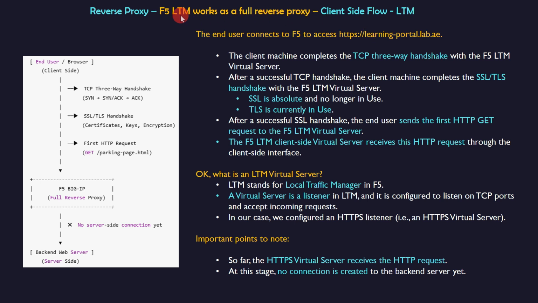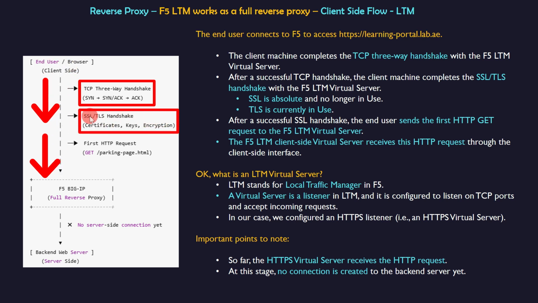Let us deep dive into the client side connection flow. The end user connects to F5 to access the learning portal. When the end user connects, the client machine completes the TCP three-way handshake with the F5 LTM virtual server. After a successful TCP handshake, the client machine completes the TLS handshake with the F5 LTM virtual server.